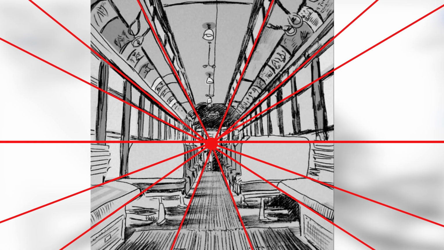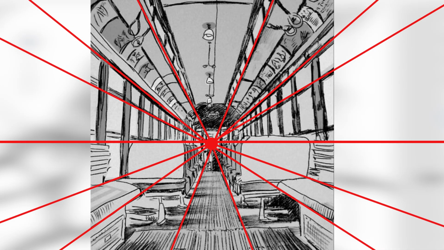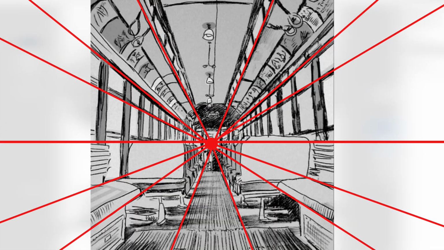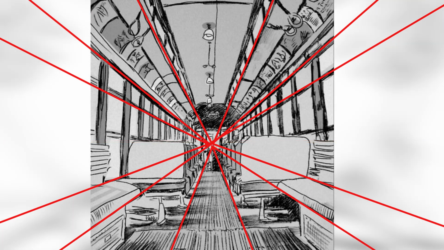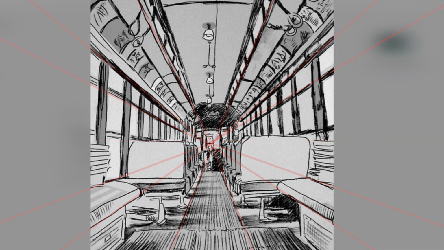Together, if we were to draw some additional grid lines here, you can see how the lines converge at the vanishing point on the horizon line. This then sets it up beautifully for all the other objects in the car to be scaled proportionally, giving us that illusion of seeing the train car head on.